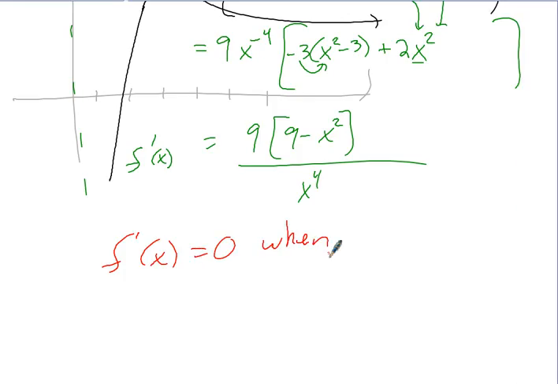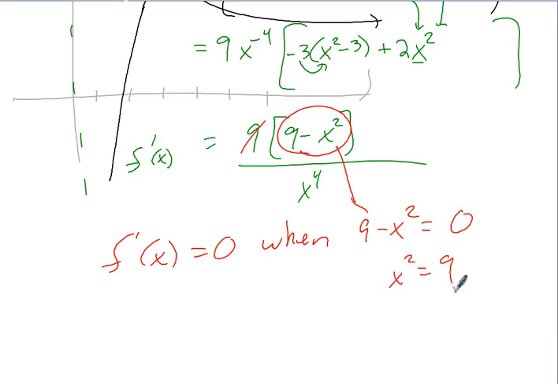That constant we don't really care about, so it's going to be this part: 9 minus x squared equals 0. So that's when x squared equals 9, which is when x equals plus or minus 3, right?